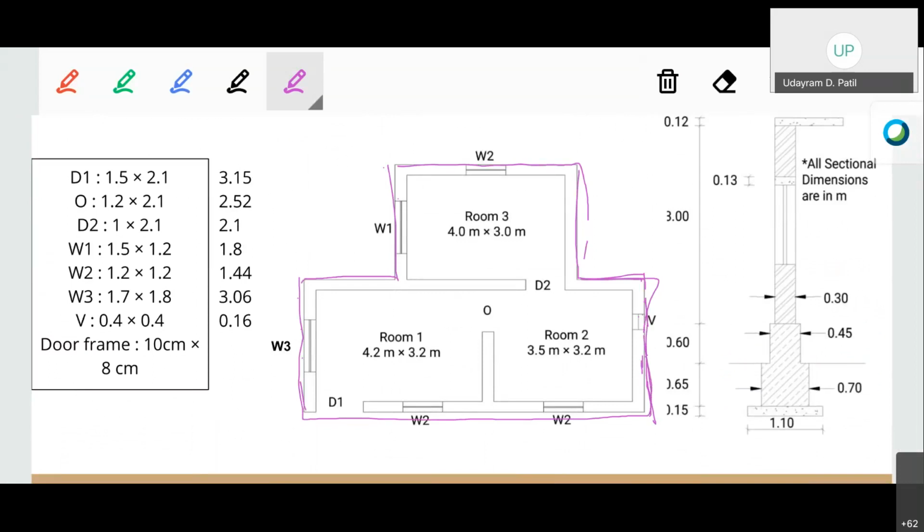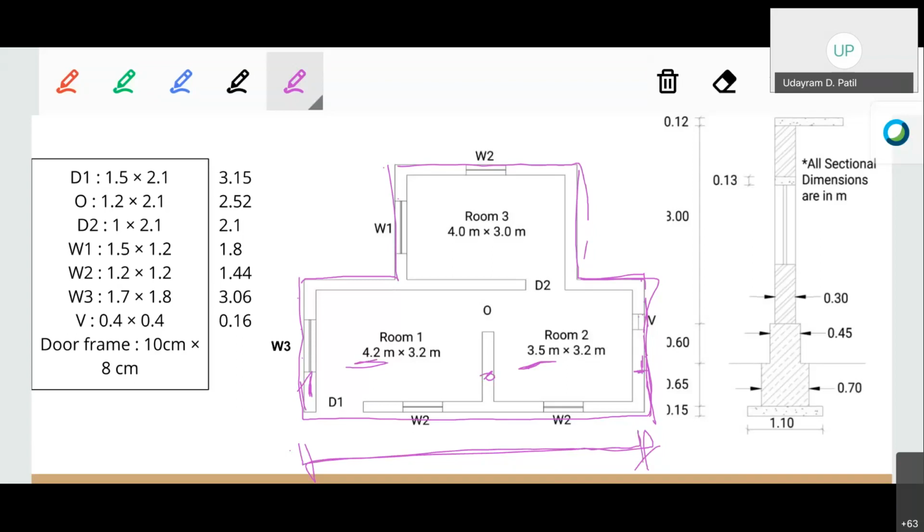Okay, so first calculating this particular length, out to out length, that will give us 0.3 wall length plus 4.2 plus again 0.3 plus 3.5 plus again 0.3. Okay, width of the wall is 0.3. So again first this total out to out length आपण find out करू.